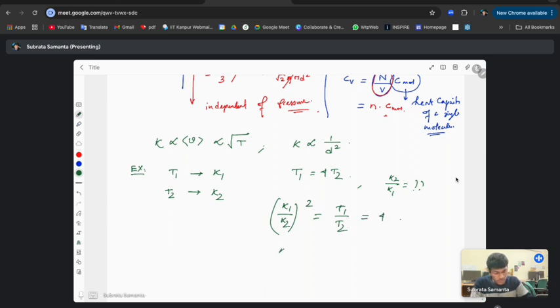So kappa 1 is 2 kappa 2, and the ratio kappa 2 over kappa 1 is half.